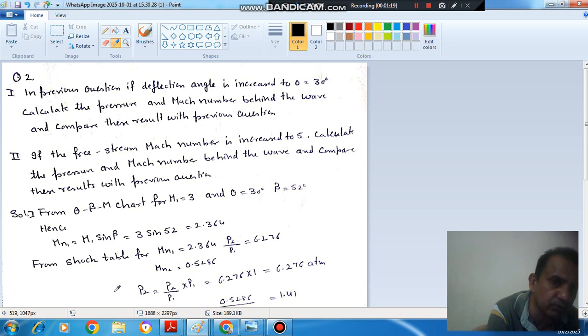In the second question, in the first part we got beta as 52 because theta was 30 degrees, and Mn1 as 2.364, which is more than the previous Mn1, and pressure as 6.276.